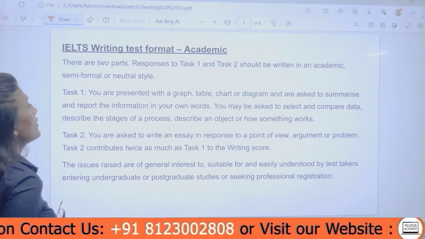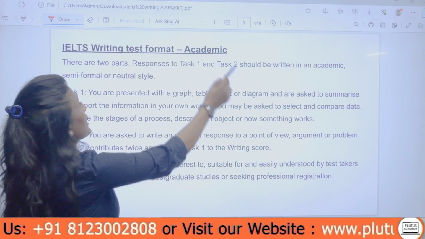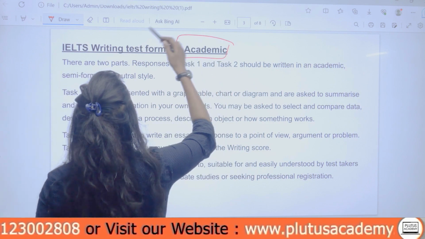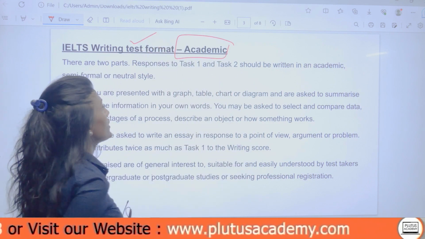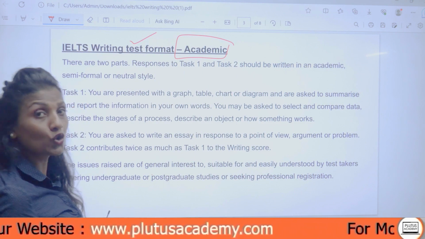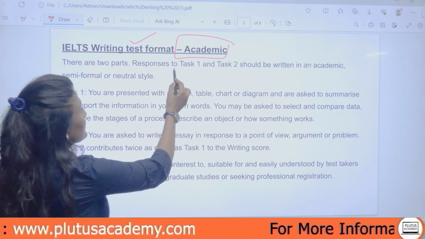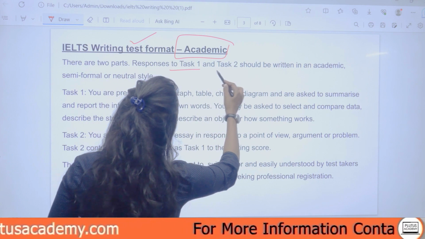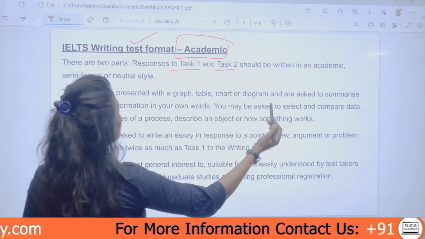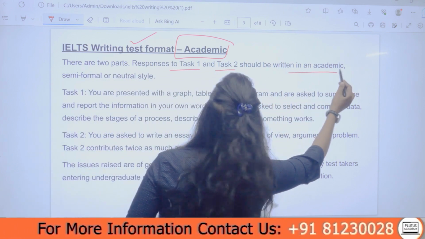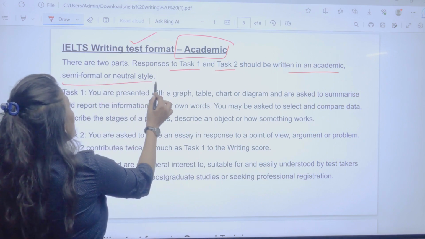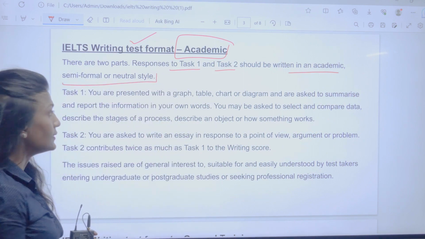Now let's have an understanding of the academic one. So what type of test format do we get? Now there are two parts, task 1 and task 2, and it should be written in an academic, semi-formal or neutral style.